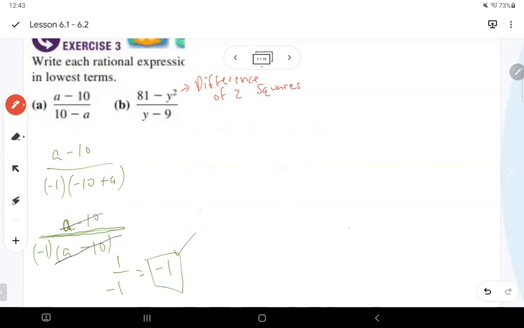So to do that, what I would do is just pull the -1 out now at the top. So if we pull a -1 out of the top, you're going to get -81 plus y squared over y minus 9. And if we rewrite that, then we get -1 out front, y squared minus 81.